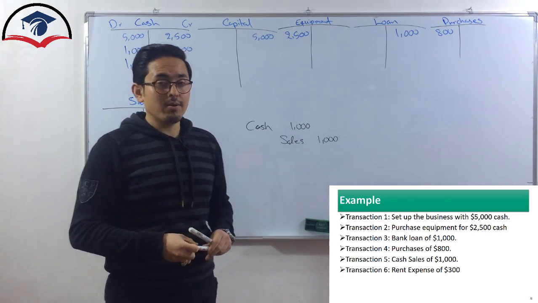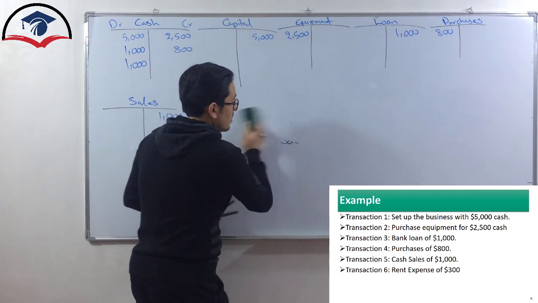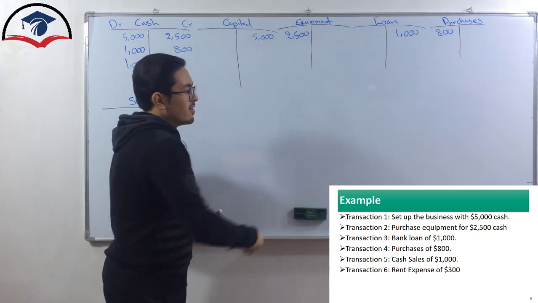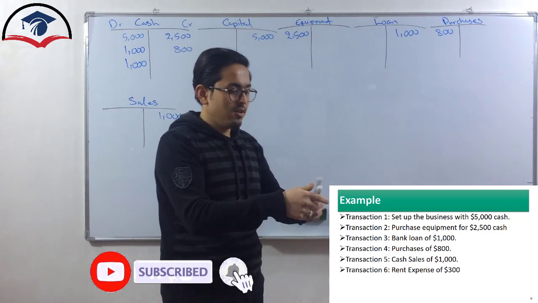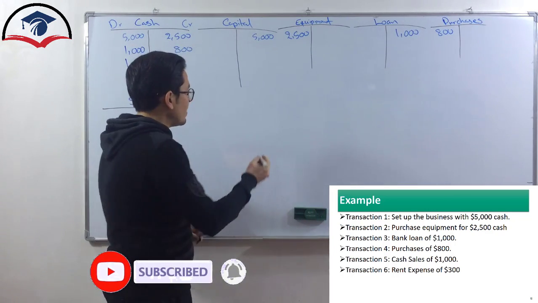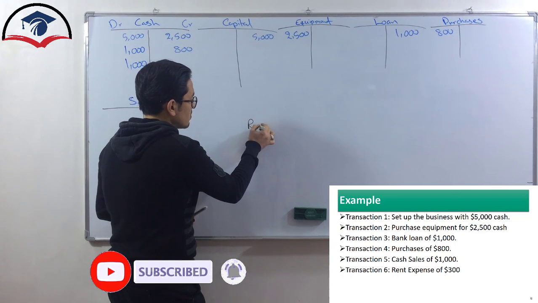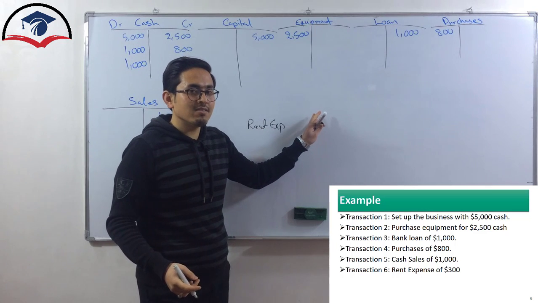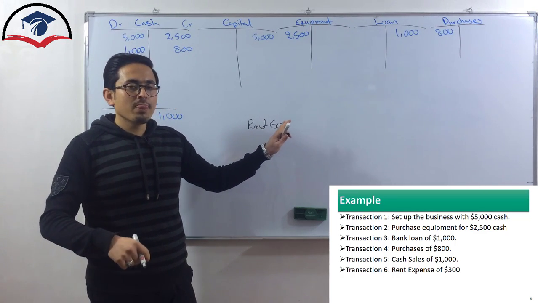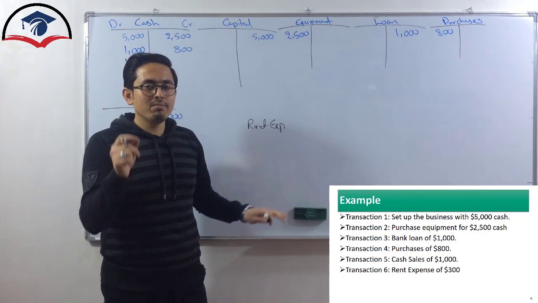To part 6, rent expense of $300. They paid the expense of rent. And when you are incurring some expense, you need to pay some cash out of the business. So two accounts. One of them is rent expense. Rent expense, of course, is part of EA, expense, and an increase of that will be debit.